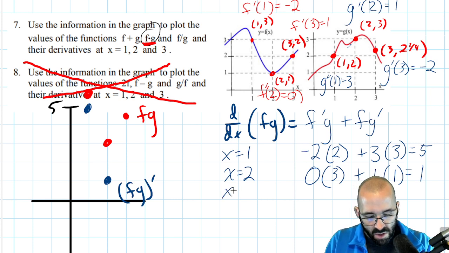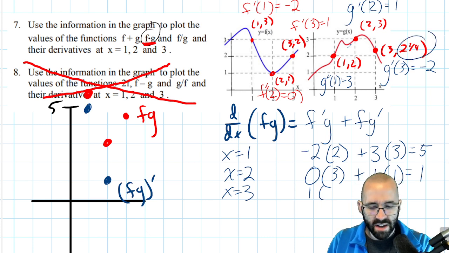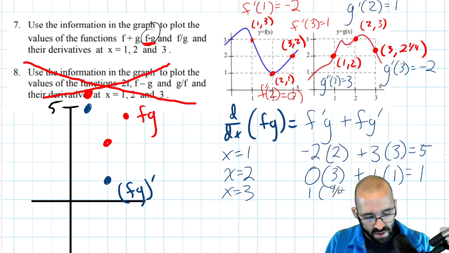Finally, when x is equal to 3, f prime of 3 is equal to 1. G of 3 is about 2 1/4. That's 9/4. F of 3 is 2. And g prime of 3 is about -2. Type that all in.